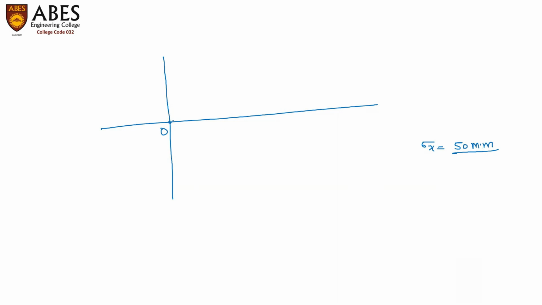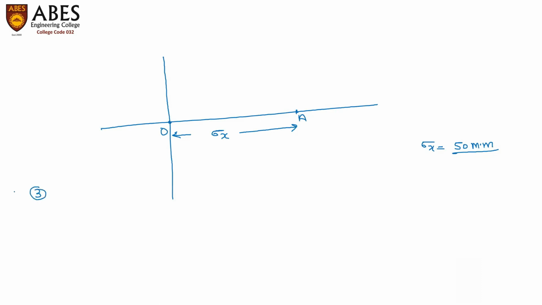Now, mark the length 50 mm in this scale and put the value as sigma x. Mark it as point A. Now, the third step. Two steps have been covered.